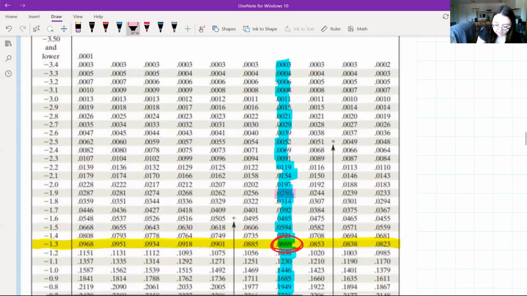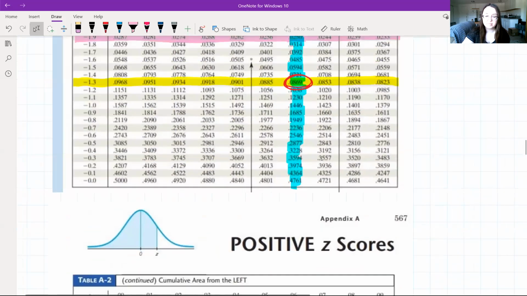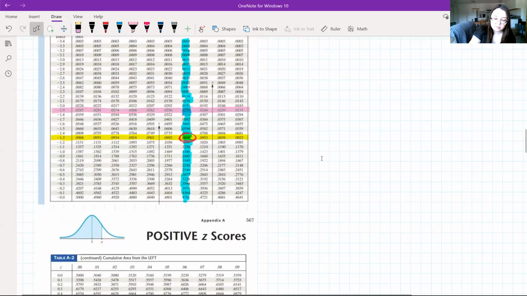So we see our pink here. It's already in our column of 0.06. And now we can highlight our row. So our row in this case, we can fill in the rest of the row if we like, is negative 1.9. So this means that since it's in the column of 0.06 and the row of negative 1.9, it's going to be negative 1.96. So now we can fill in this value.